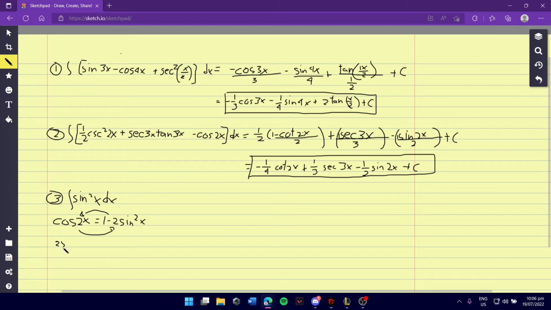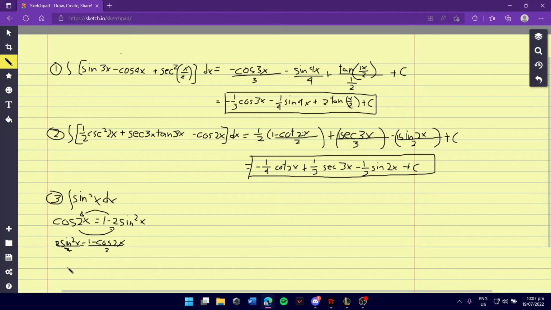So 2 sine squared x is equal to 1 minus cosine 2x. Since there is a 2 with the sine squared, we will divide both sides by 2 to cancel out.